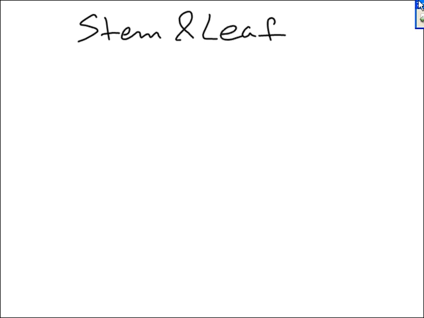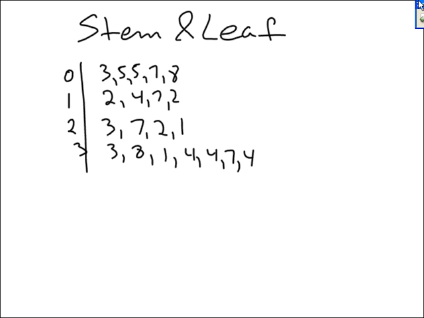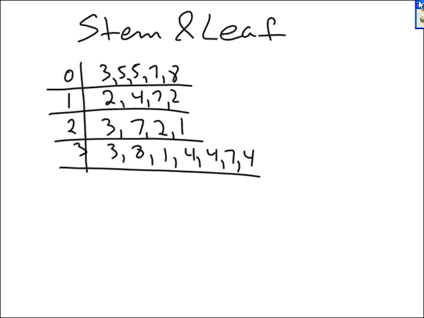I'm going to ask you to list all the data from the table. So here is your stem and leaf graph. It may have these lines, but does that really change things?